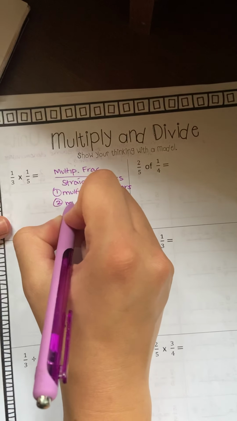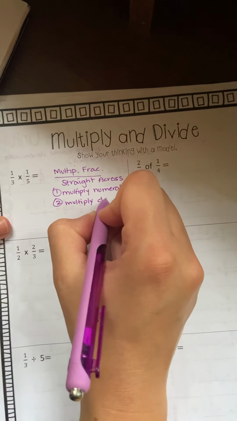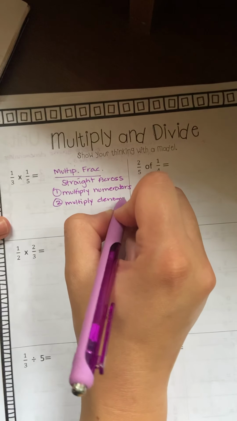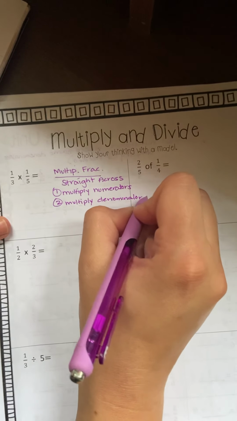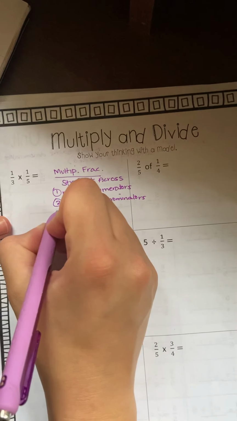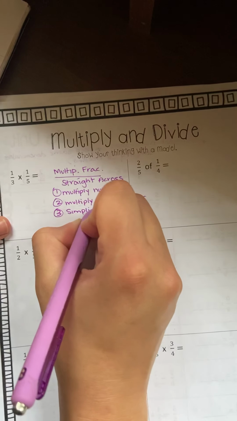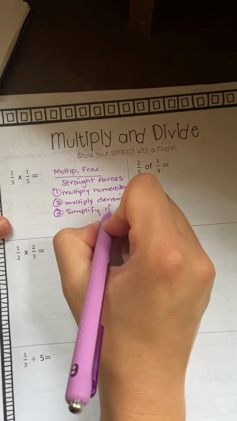Then we're going to multiply the denominators. And then once we get our answer, we are going to simplify if possible.